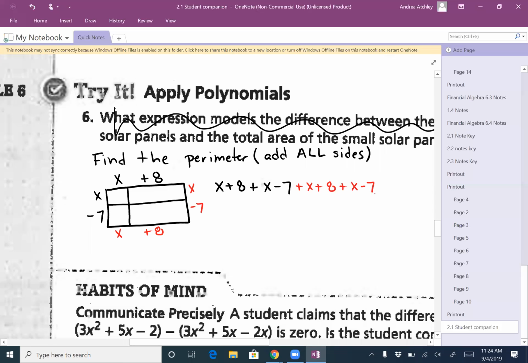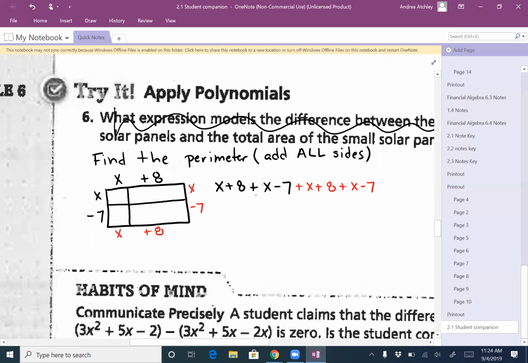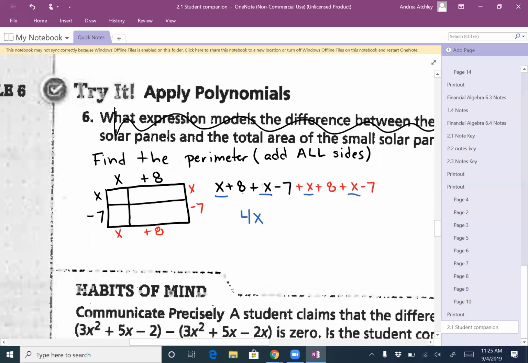Now I can combine all my like terms. Okay, so I have x plus x plus x plus x. There's 1, 2, 3, 4 of them. There are 4 x's. Then I have 8 and negative 7. That's a negative 1.